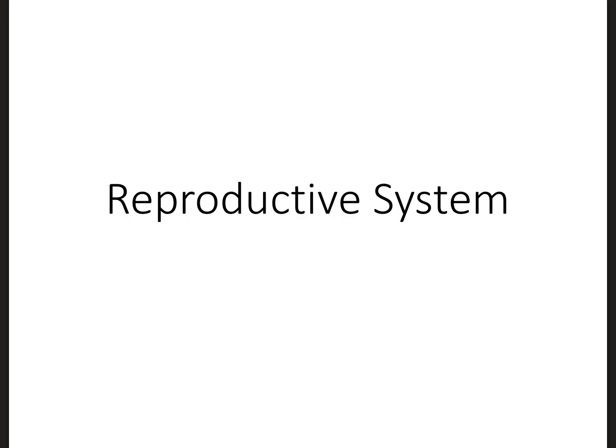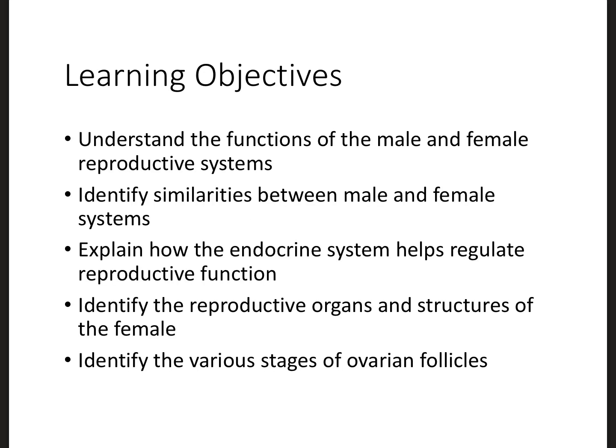All right, so today, reproductive system. Our goal with the reproductive system is to understand the functions of the male and female reproductive systems in general. What do they do? What's the function of the system? How do they work? We'll identify the similarities of the male and female systems, and then we'll explain how the endocrine system helps regulate reproductive function.